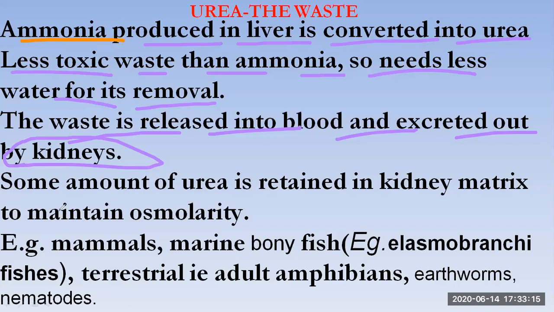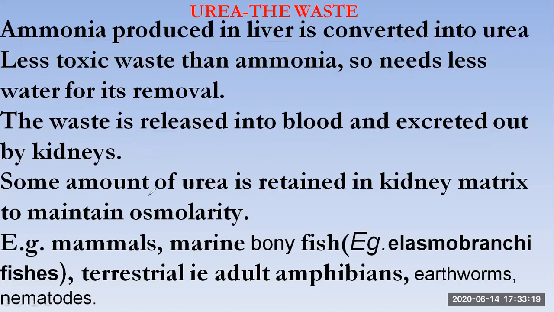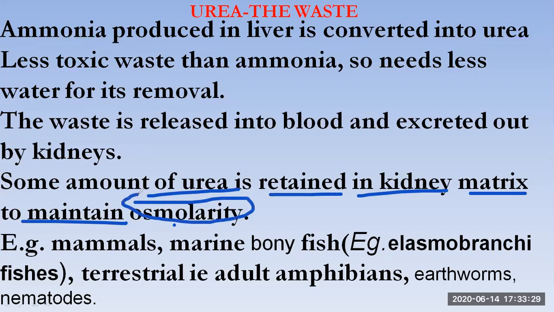Some amount of urea is retained in the kidney matrix to maintain the osmolarity. Osmolarity means simply you can say salt balance. So to maintain the body water balance, some amount of the urea is retained inside the kidney to maintain the osmolarity.